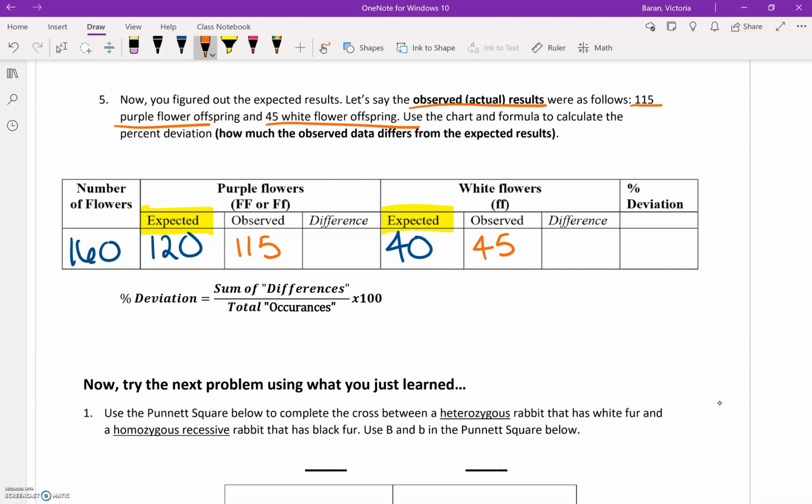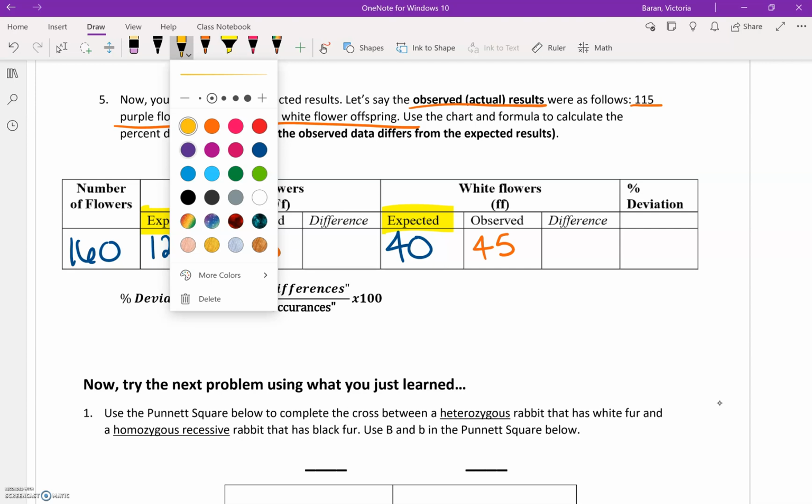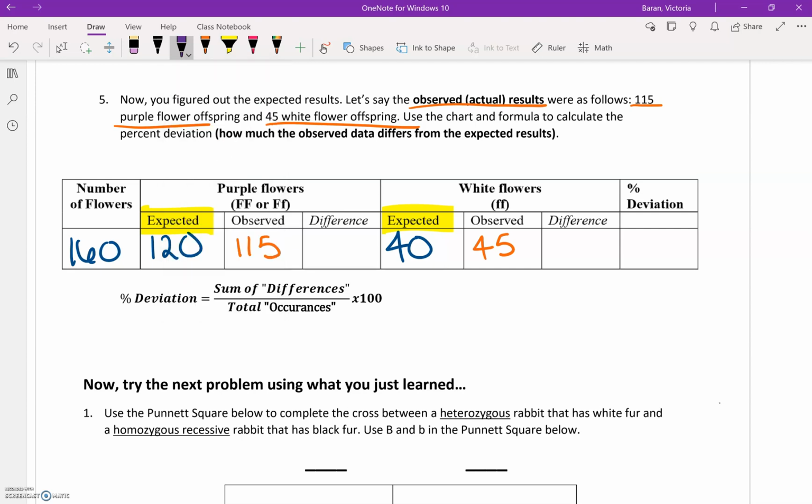So now we're going to find the percent deviation. So percent deviation is like how much did we deviate from that expected result. In order to do that, the difference is just simply the difference between these two values. So 120 minus 115 will give us 5.